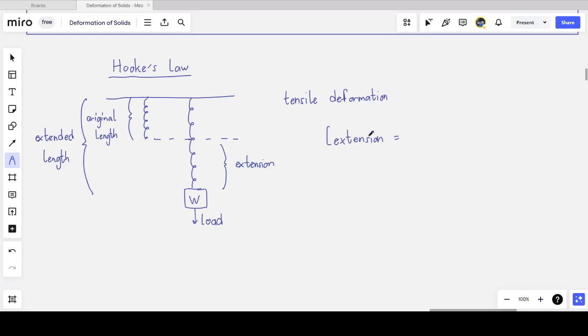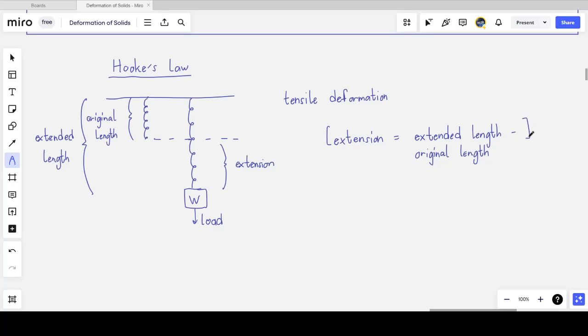So we can write a mathematical formula saying that the extension is the new length, which is the extended length, minus the original length, or minus the natural length, whatever you would like to call it. And this is how we can find the extension in a spring.